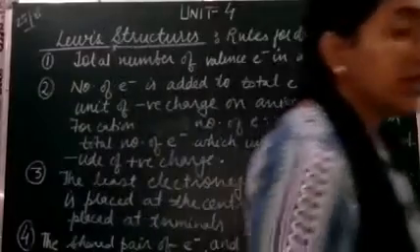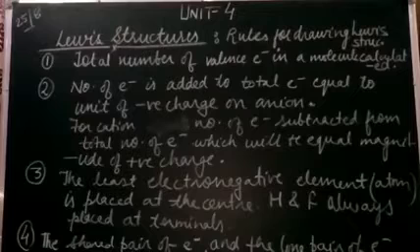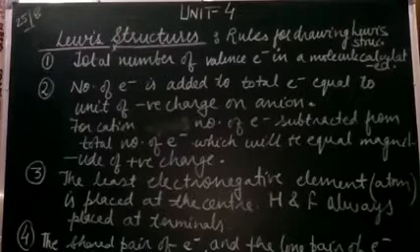The shared pair of electrons and the lone pair of electrons is fulfilled through the octet rule.